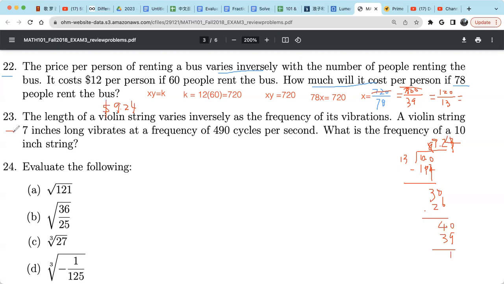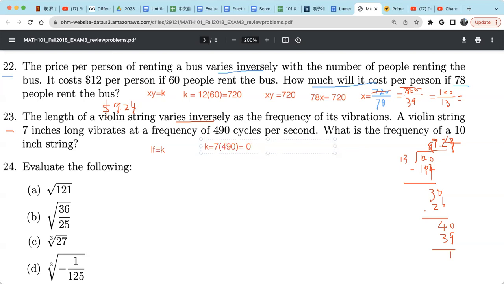That's 22. Let's see, 23. The length of a violin string varies inversely with the frequency of its vibration. Again, length of violin, let's use L as variable, and frequency, let's use F, just like x times y equals k. A violin string 7 inches long vibrates at a frequency of 490. So that means k equals 7 times 490, which equals, let's see, 7 times 9, 63.